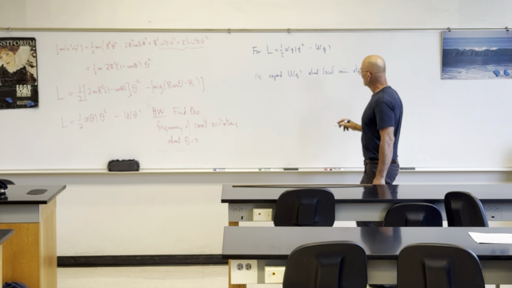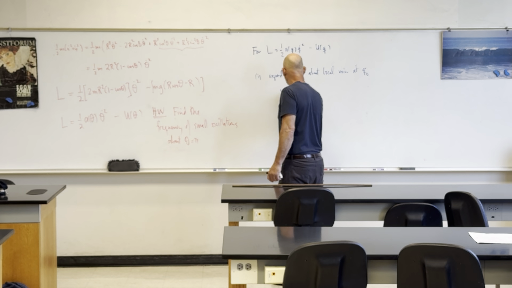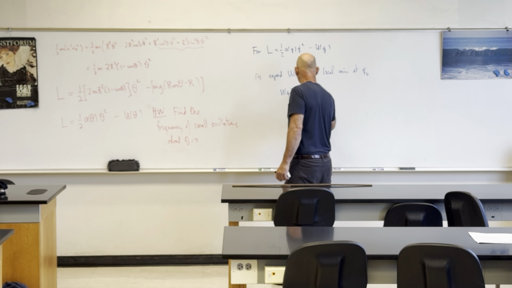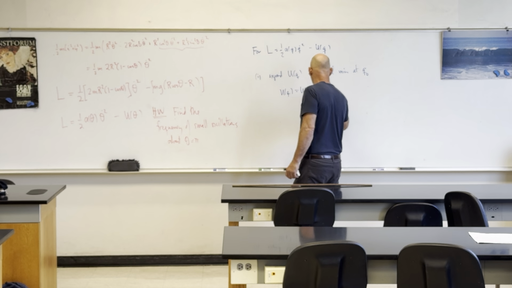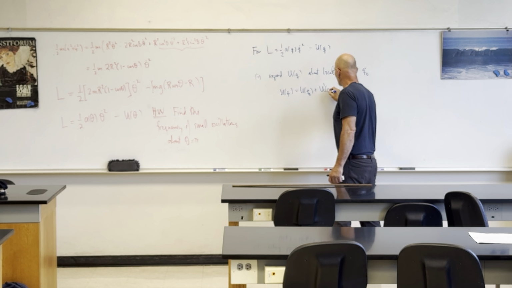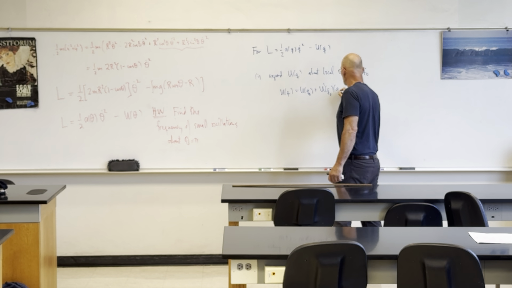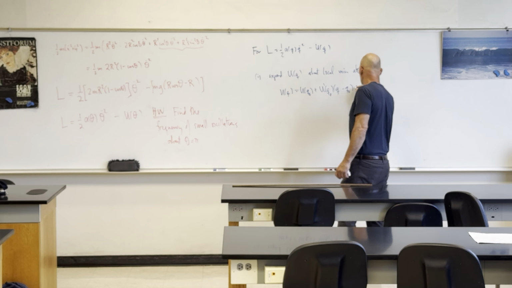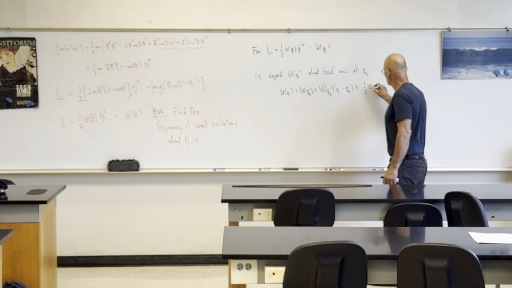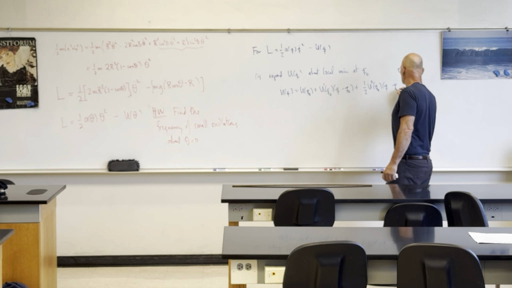Okay. So yeah, we've got U of Q equals U of Q0, same as last semester, plus U prime of Q0 times Q minus Q0, plus 1/2 U double prime times Q minus Q0 squared.